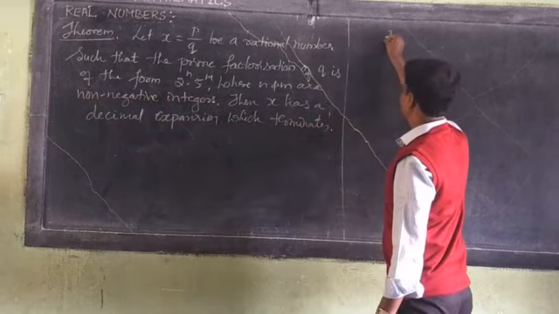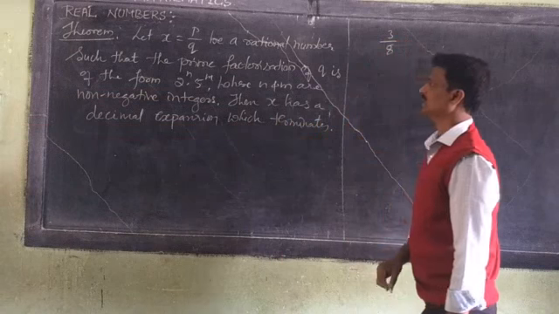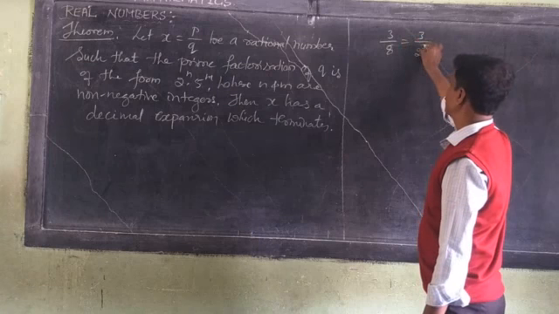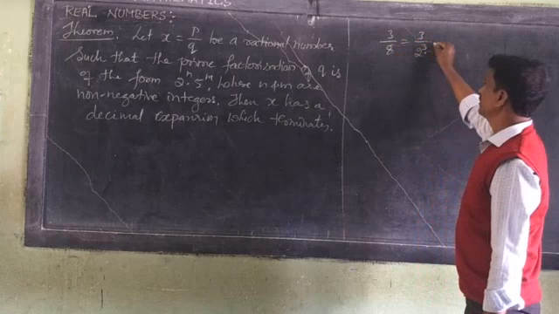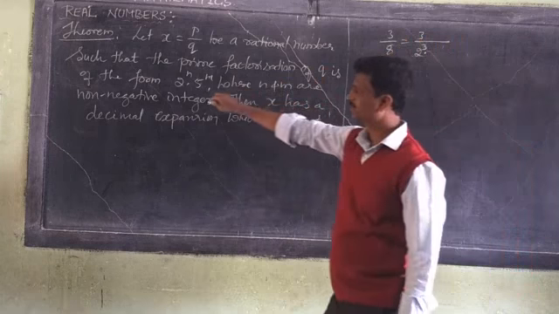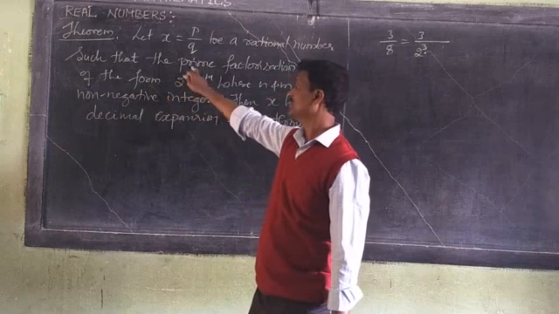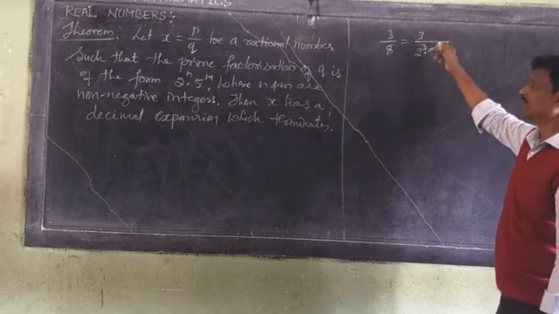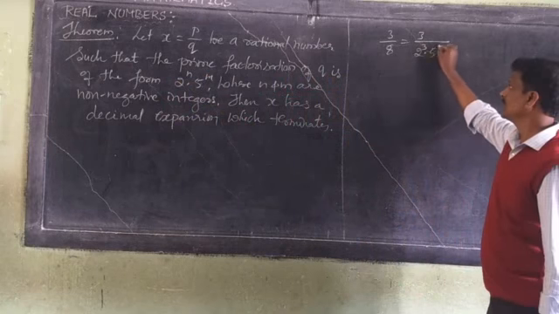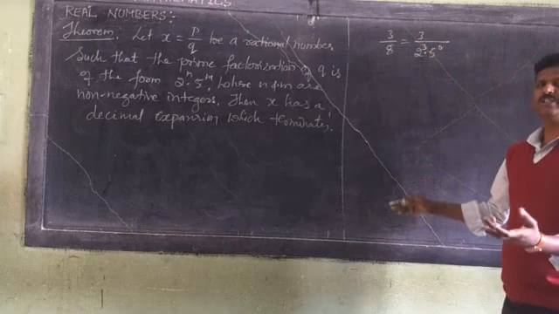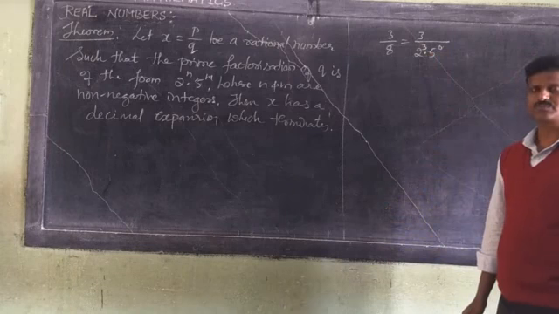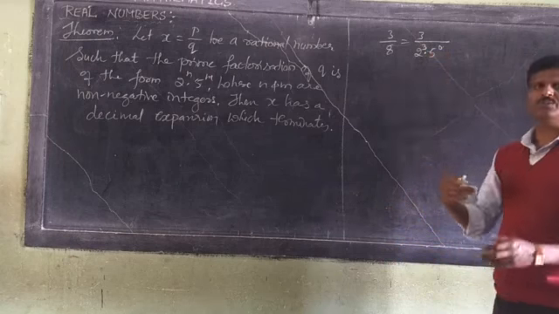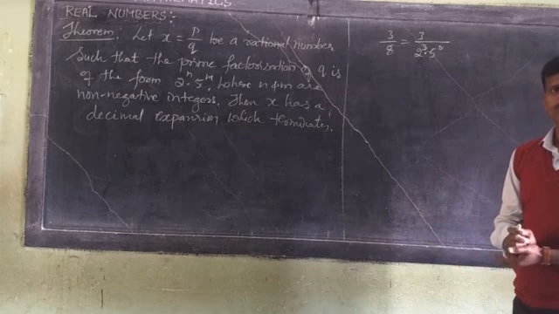We can write 3 by 8. 3 by 8 is equal to 3 divided by 2 cube. Here the denominator is in the form of 2 to the power of n and 5 to the power of m, but here there is only 2. What do we write about 5? 5 can be written as 5 to the power of 0, which means 1. 1 into 2 cube again gives 2 cube.